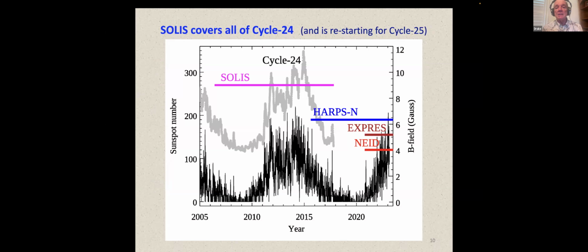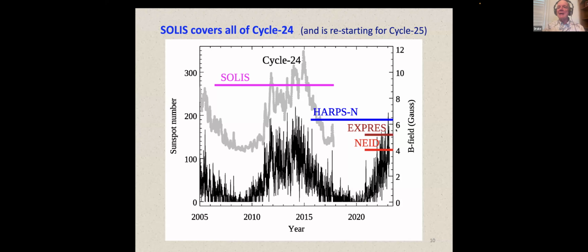But nevertheless, it's covered all of cycle 24. And in this plot, the black line, where you read the y-axis on the left, is the number of sunspots. And you can see there's the big burst of activity in cycle 24. The gray line above the black line is the mean magnetic field on the sun, and you read the axis on the left.